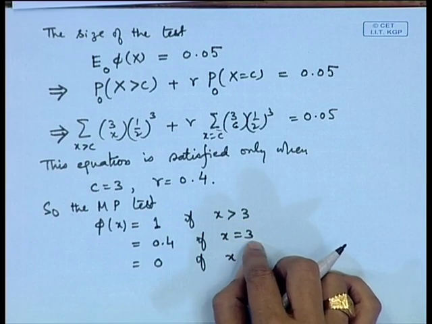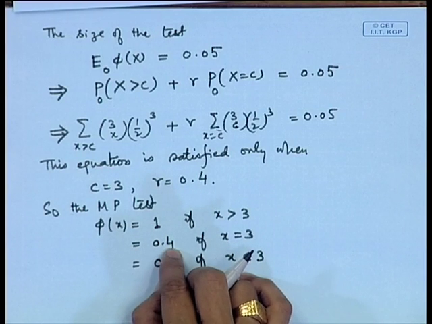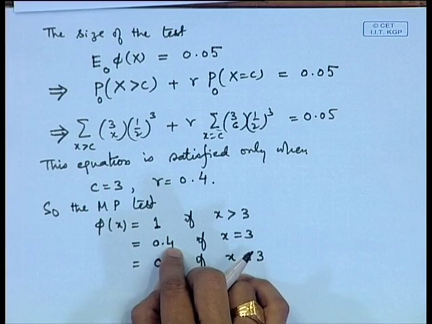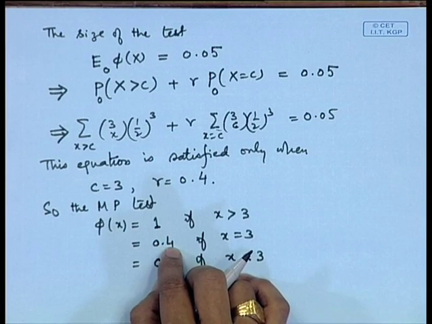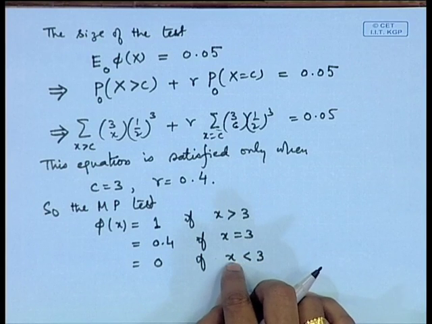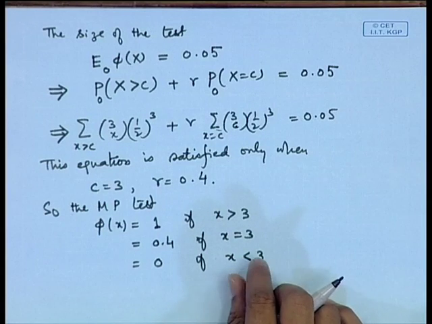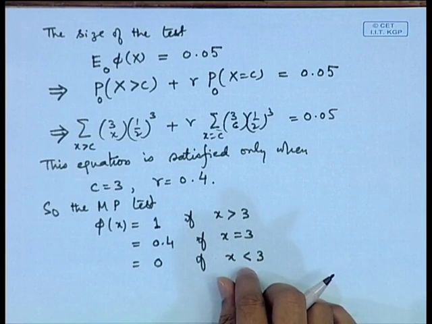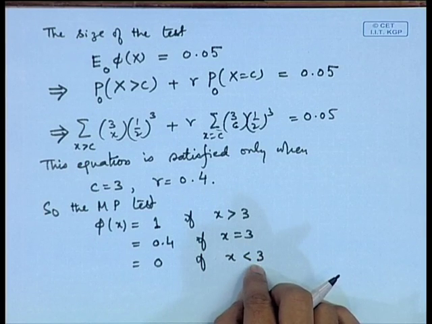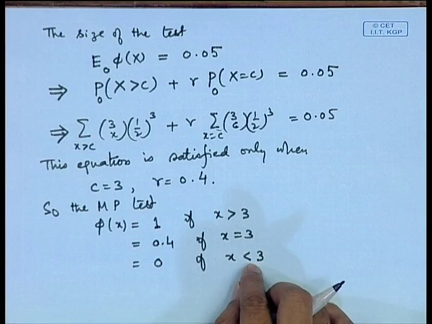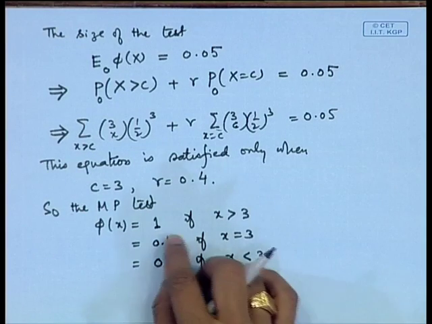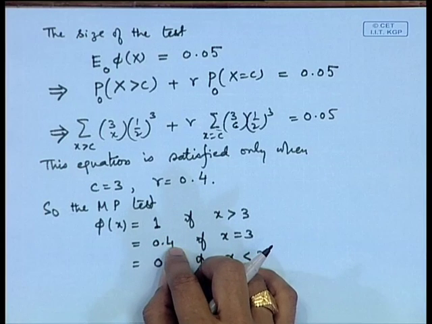Even if x is equal to 3, we are only partially agreeing, that means, we are accepting in favor of H 1 only by rejecting with probability 0.4. That means, the test is heavily biased in favor of H naught here, because x is equal to 0, 1, 2, 3. So, you are having the rejection only for x equal to 3, that too with a probability 0.4 here.